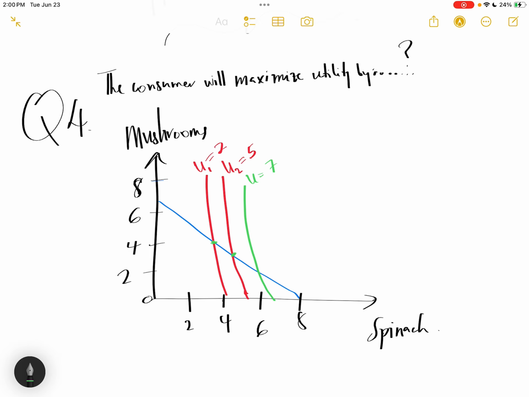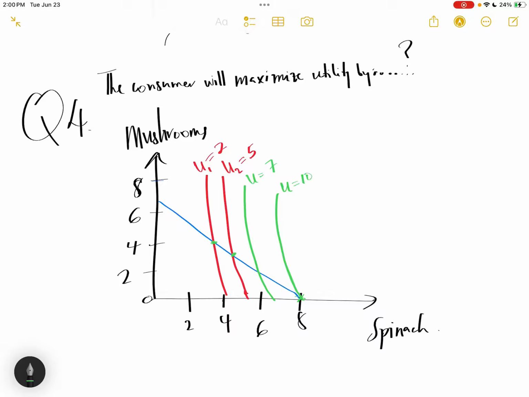We want tangency. And so for those of you who are speeding ahead, I hope you can see that tangency will be exactly here at the corner.